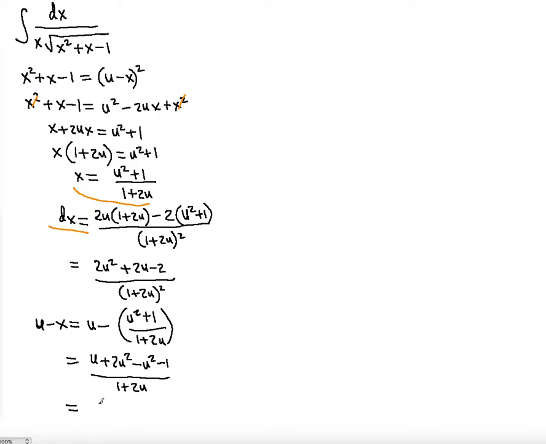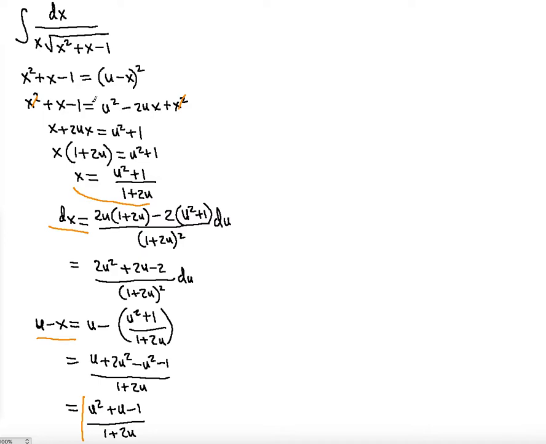So that is equal to u squared plus u minus 1 over 1 plus 2u. And we should not forget the du part here for the dx. Okay, so now you have solved for everything here: for u minus x, for the dx, for the x, and the trinomial.